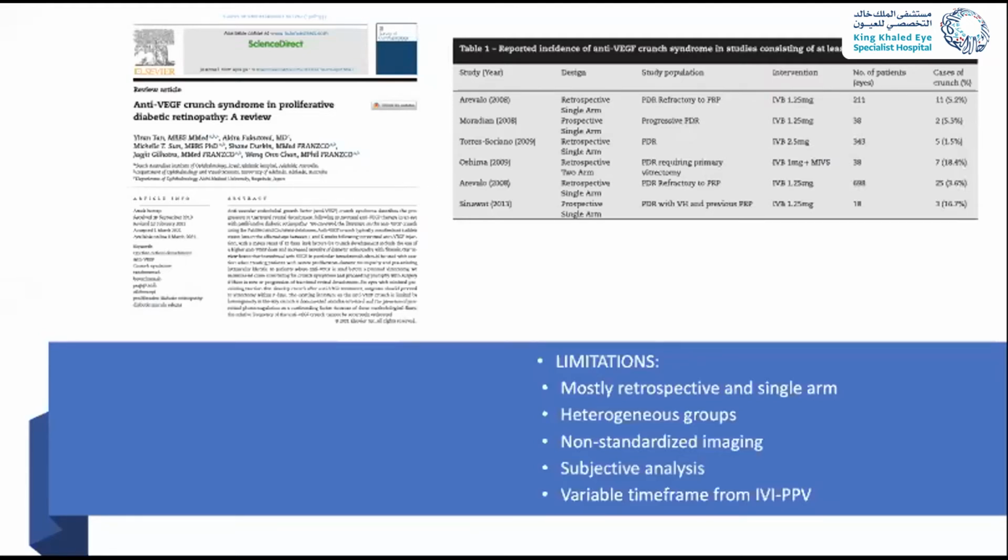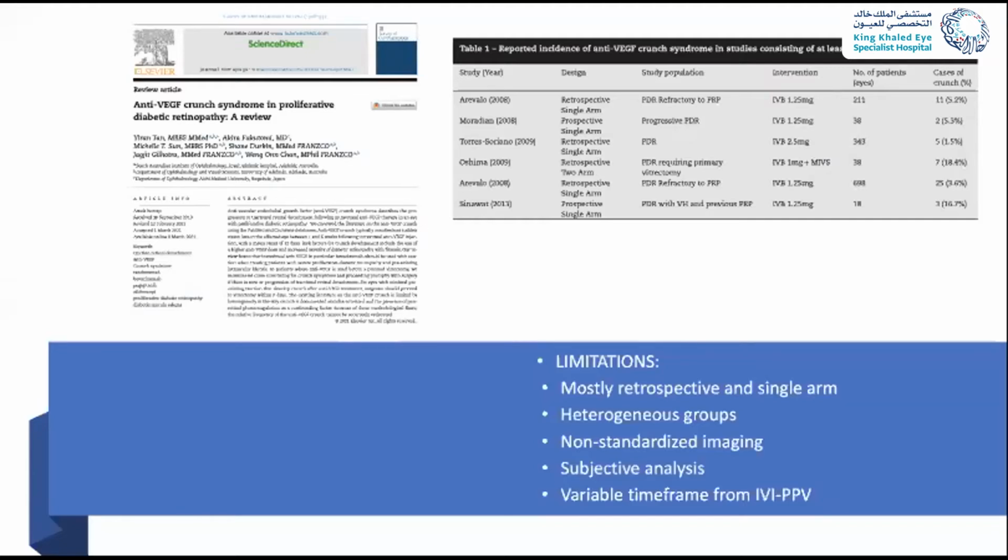Another significant issue was that they did not have standardized imaging. Fundus photos were not clear on occasion due to the presence of vitreous hemorrhage, nor were the B scans standardized. This brings into consideration that many of these cases were being categorized as progression based solely on the clinical judgment of the ophthalmologist. And this gives into the subjective nature of all their evaluations.